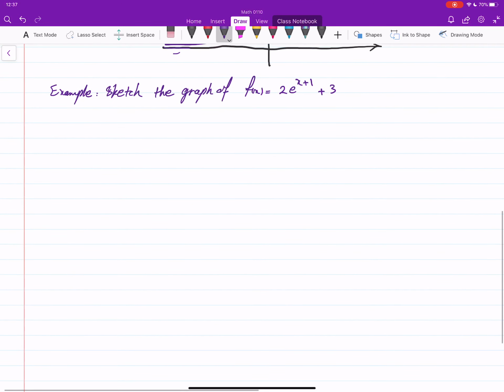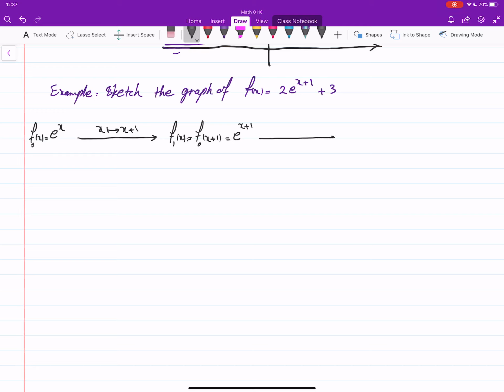Here we need transformations, remember? So if I start with e to the power x, let me write this as f0 of x. Then f1 of x will be f0 at x plus 1, which will be e to the power x plus 1. This is the definition.